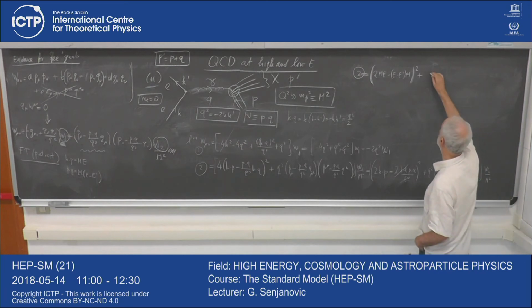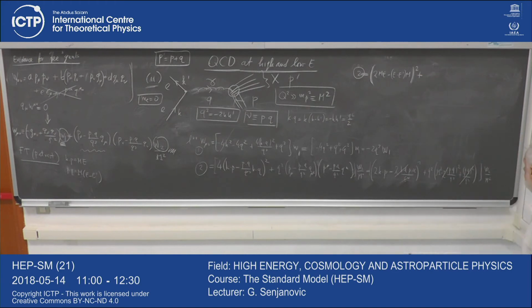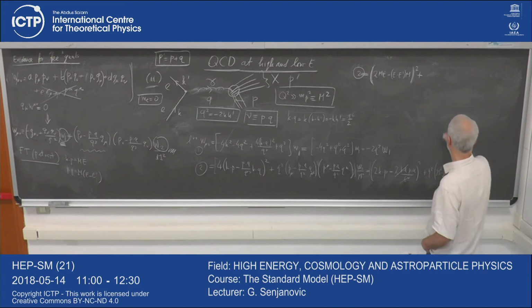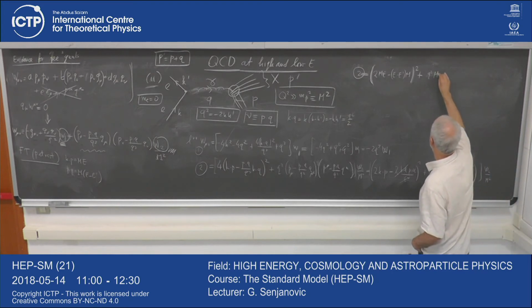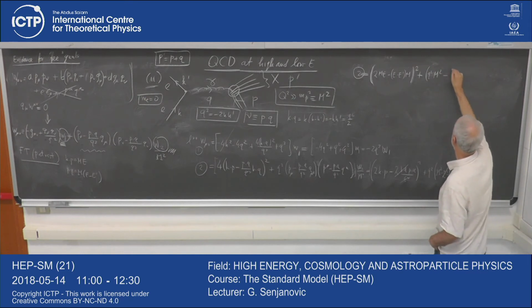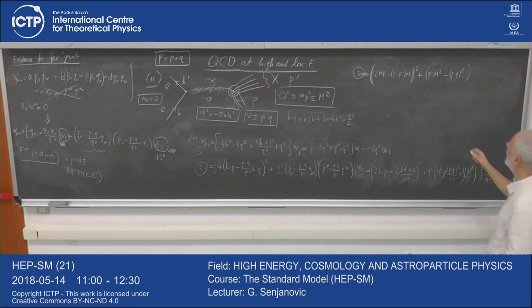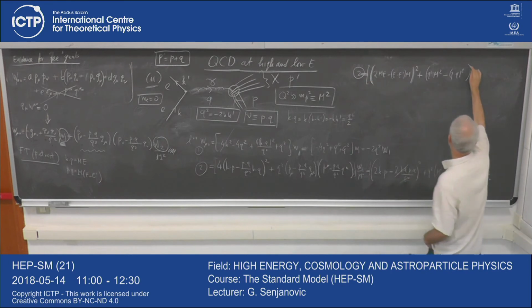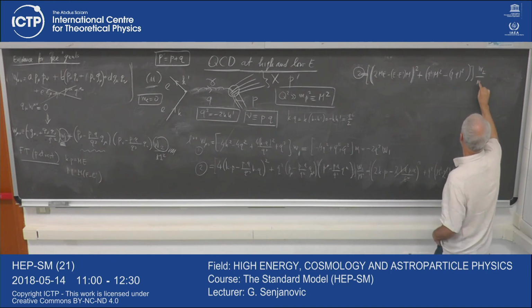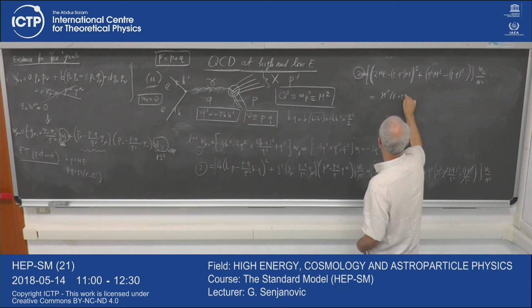Okay, the second piece, there is Q square M square. Maybe I should have written minus P times Q square. I should have substituted maybe immediately. Anyway. W2 over M square. And this is what? This is M square E plus E prime square.